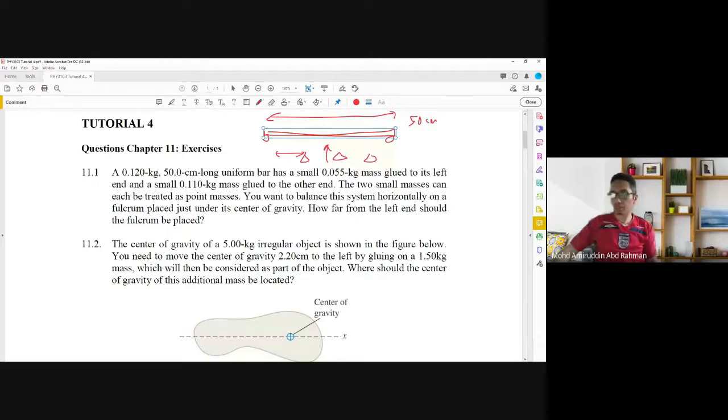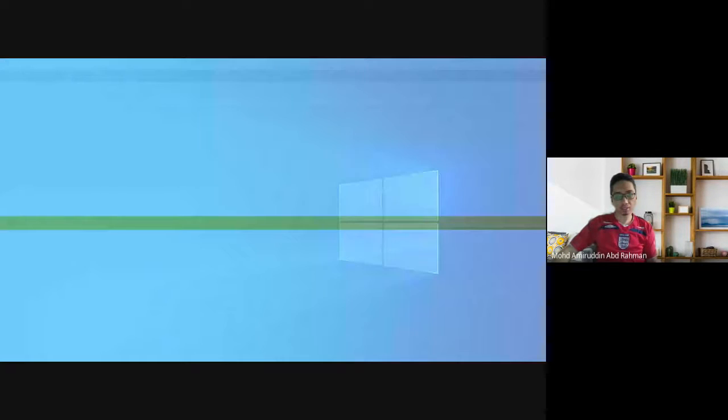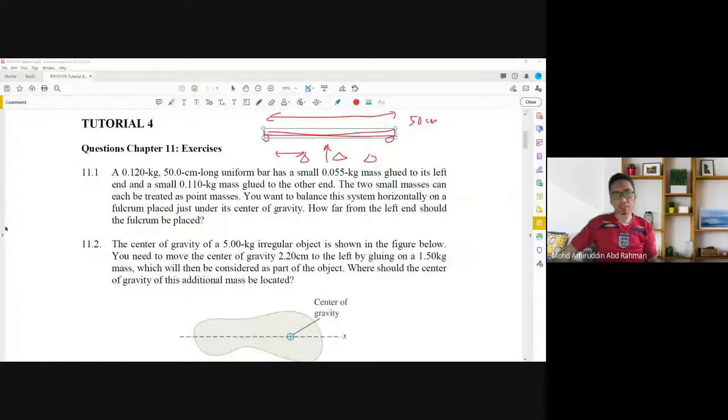You need to determine your x. So you have three masses over here. The first mass is this uniform bar, that's one, the second is this one, and the third is this one.